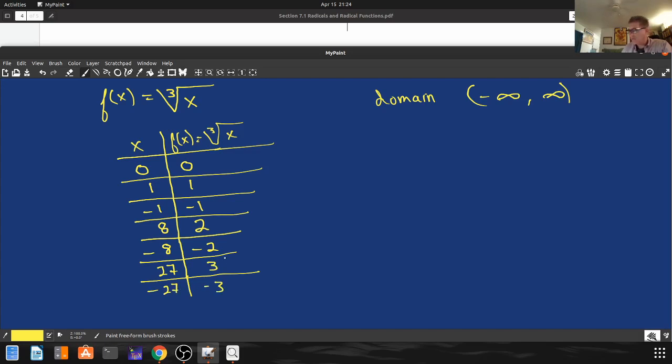So there's several values. Let me sketch them down right here. So the origin, 1, 1, minus 1, minus 1, 8, and 2, minus 8, minus 2, 27, and 3, minus 27, and 3. So let's actually plot those.